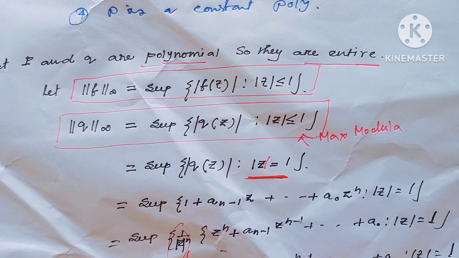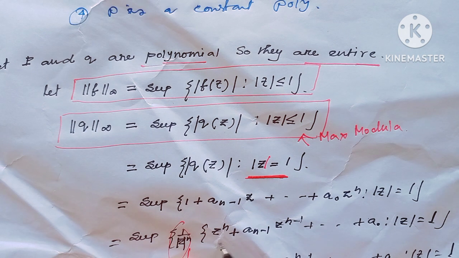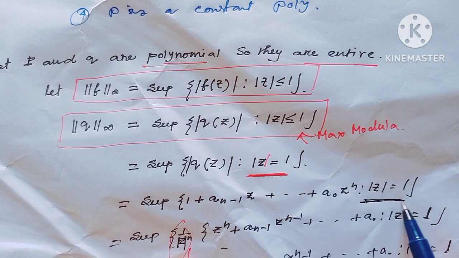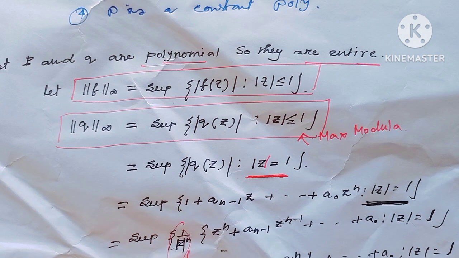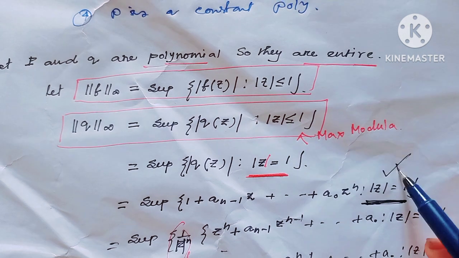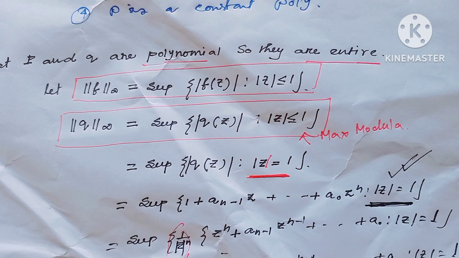Here I have divided by 1 over z^n, because this varies on |z| equal to 1. And on this boundary, |z| and |1/z| always have the same value.